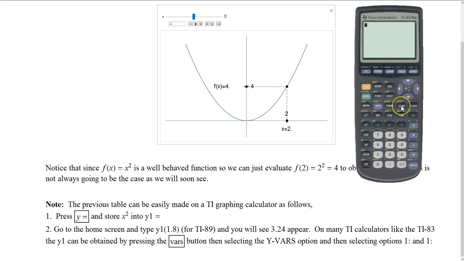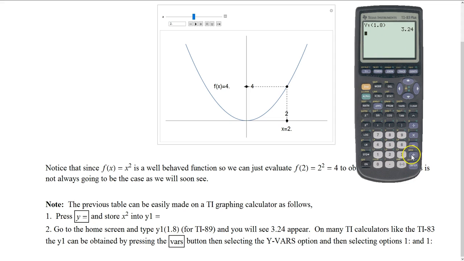Now we can press vars, go over to yvars, select number 1 for function, and number 1 again for y1, and then just evaluate that at 1.8, for example. Close off your parenthesis and hit enter.